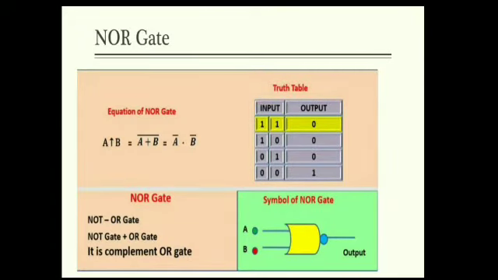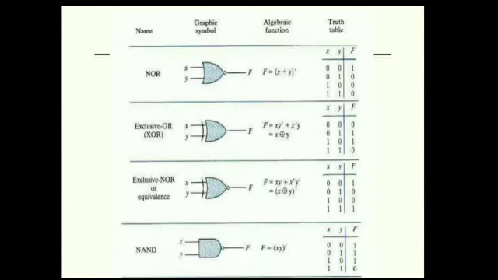From the diagram you can see that it is true only and only when both the inputs are false or zeros. Some other gates are there. They are known as exclusive OR, denoted in short as XOR, and another one is XNOR.